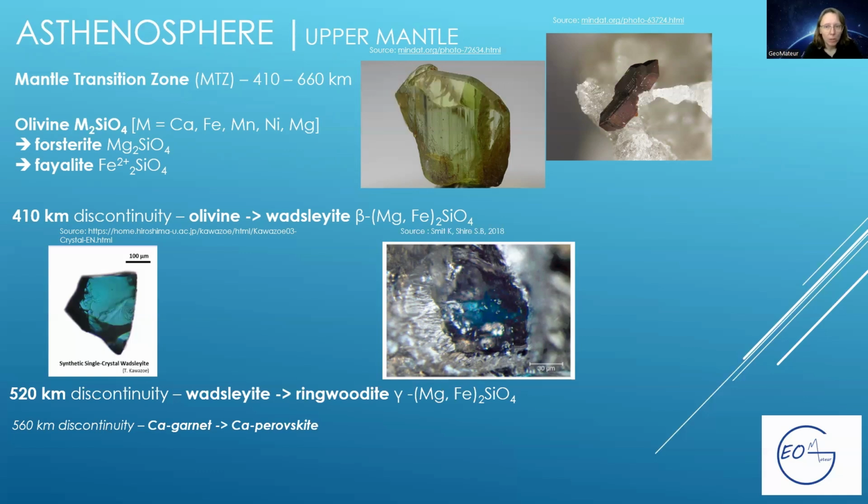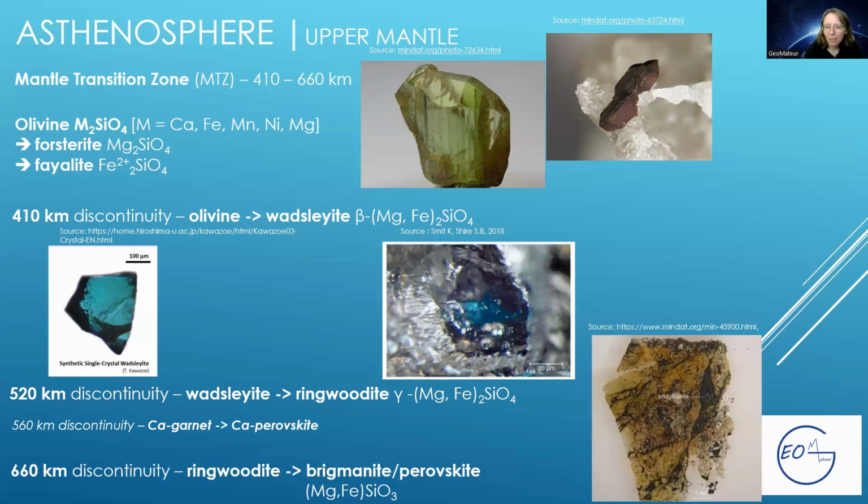It's not so bold compared to the discontinuities above and beneath it, but it's distinguishable. And at the depth of 660 kilometers, ringwoodite changes into bridgmanite, also known as perovskite. It's the border of the upper and lower mantle, or, if we use the names of the layers in the mechanical sense, the border between asthenosphere and mesosphere.